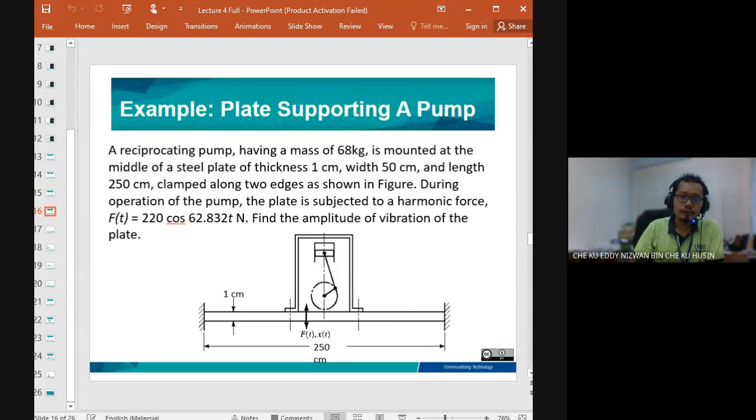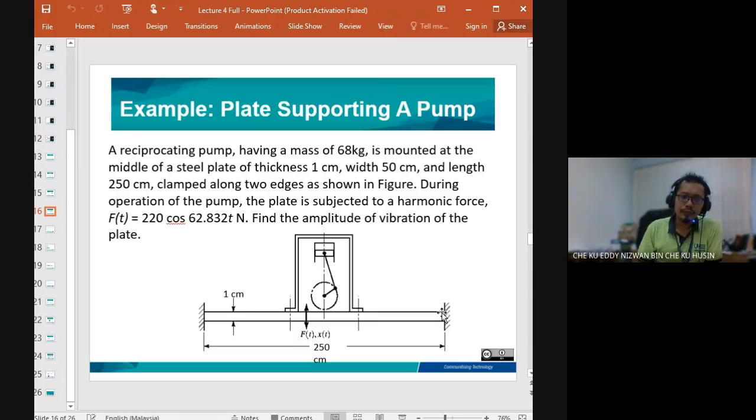It is mounted at the middle of a steel plate with a thickness of 1 cm, a width of 50 cm and a length of 250 cm, clamped along the two edges as shown in the figure.